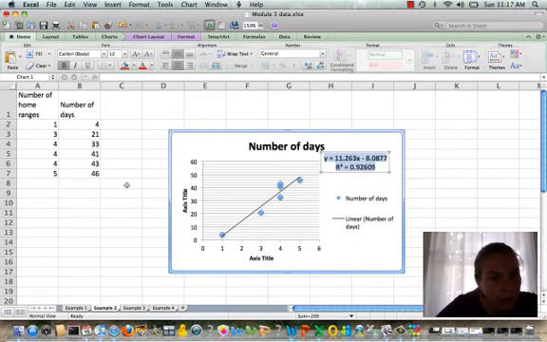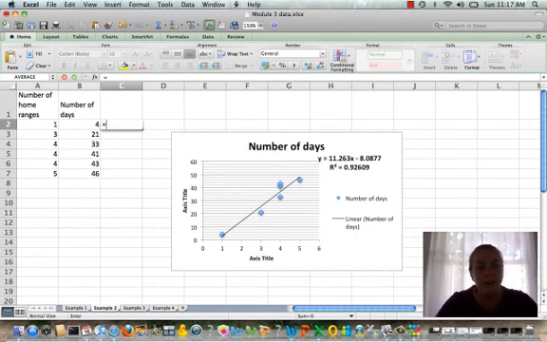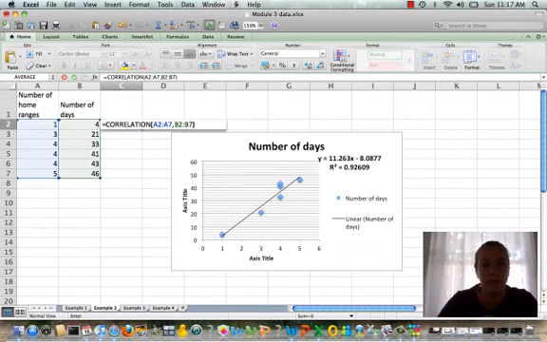Another way to find the correlation is to go in Excel and type in correlation. And then you could do A2 colon A7, and then you could say comma B2 colon B7, and that ought to give us the correlation.